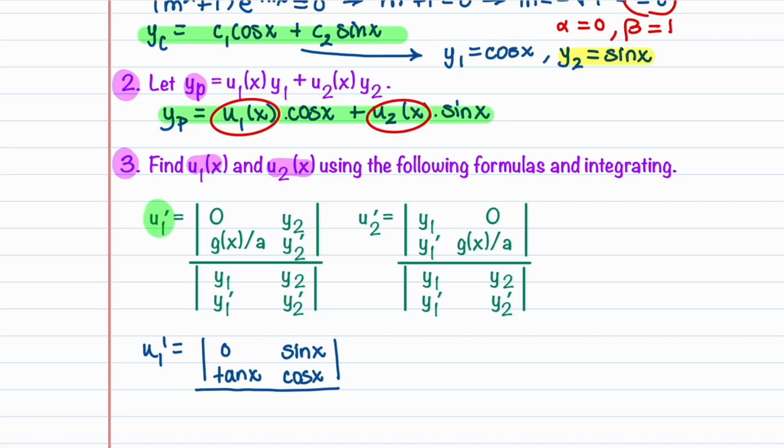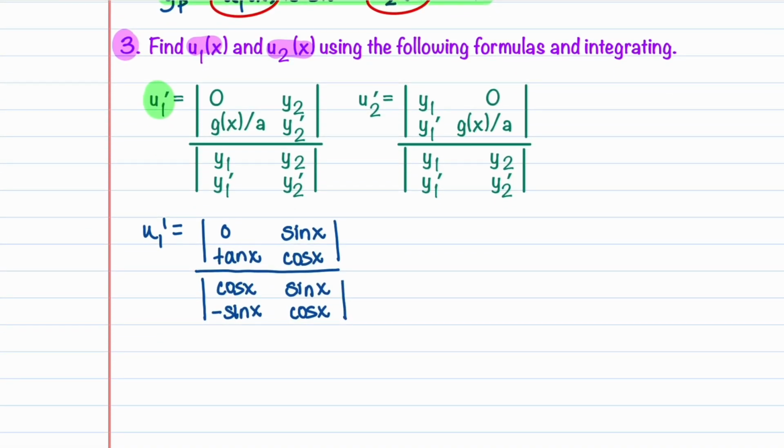And then in our denominator, we have y1, which looking back up here to the right, that is cosine x. And the derivative of cosine is minus sine x. And then we have y2, which is sine x, and y2 prime, which is cosine x.